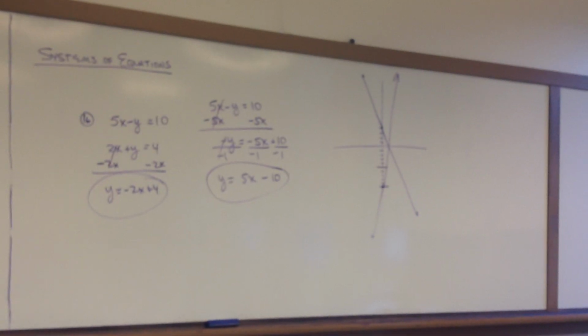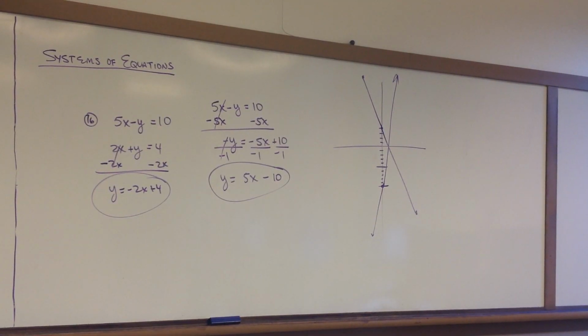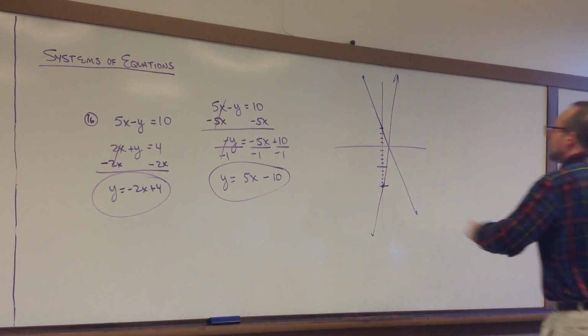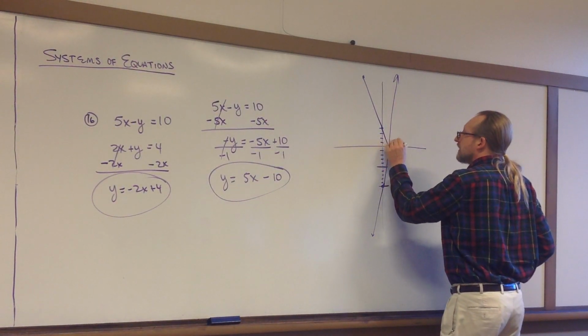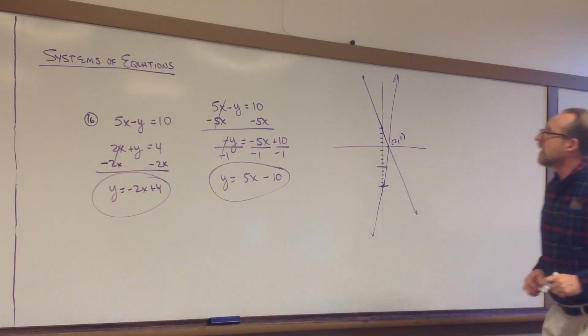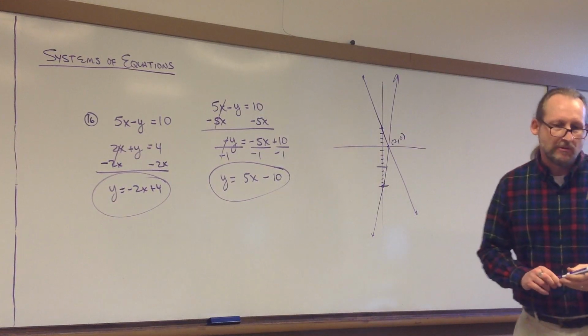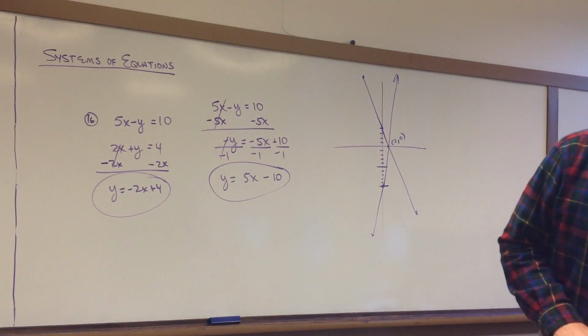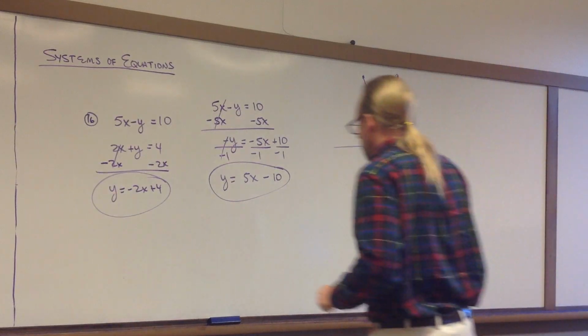All right. So that solution there is the point x equals 2, y equals 0. Okay, well, let's look at two more.